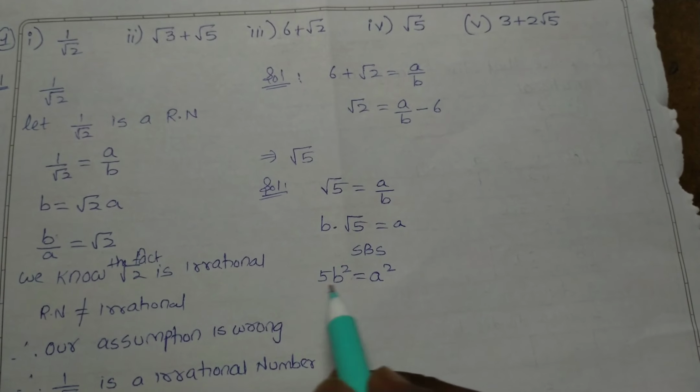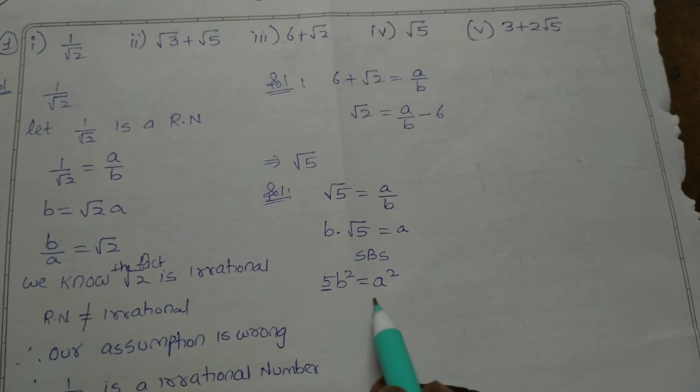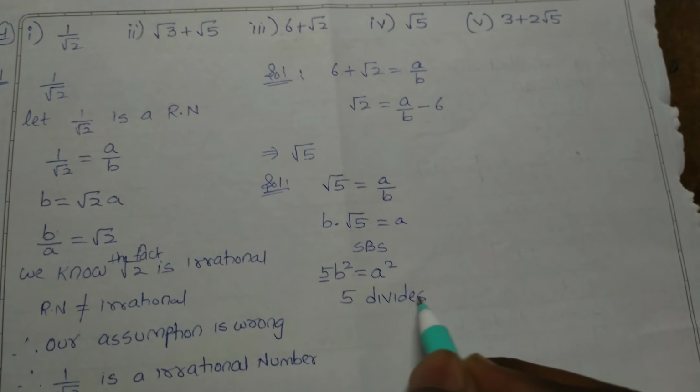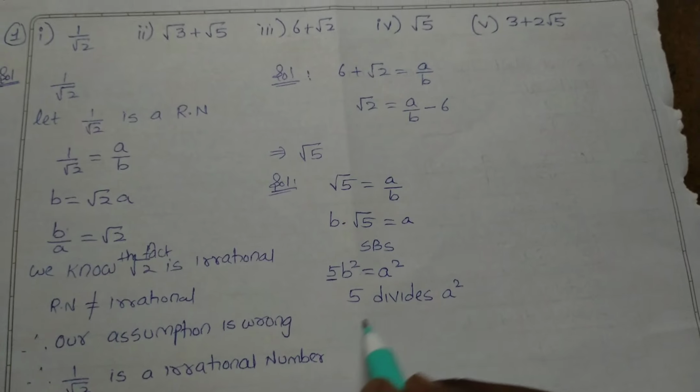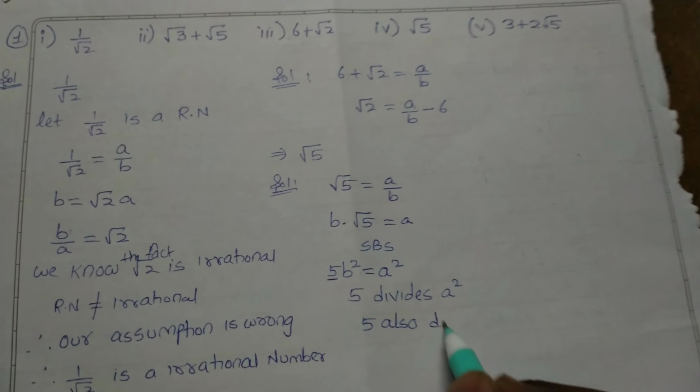That means from this statement we came to know that 5 divides a square. Okay, 5 divides a square. If 5 divides a square, 5 also divides a. This we already know from the theorem, right?